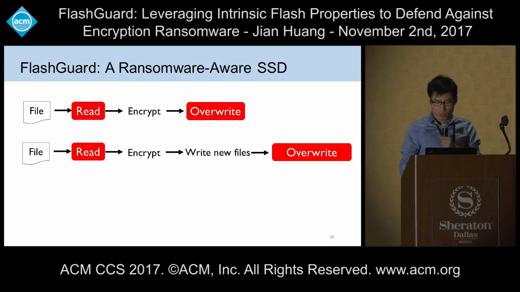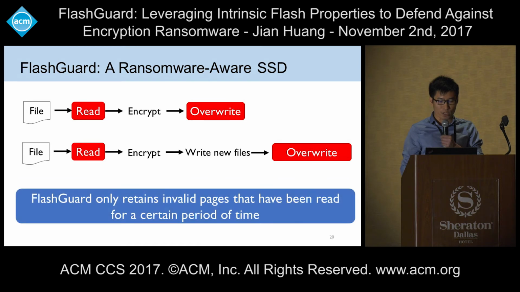So in either case, the ransomware reads the files and overwrites the original files. Based on this observation, the key idea of FlashGuard is that we only retain the invalid pages that have been read for a certain period of time. We may wonder whether regular storage operations, such as data compression, may generate data access patterns similar to encryption ransomware.